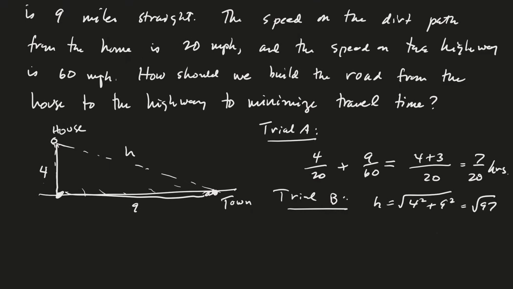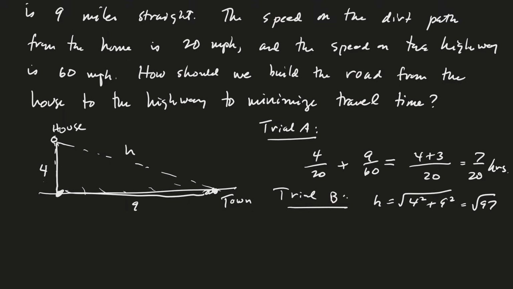That's about 9.84 miles. But we need the time traveled, so the square root of 97 divided by 20 is our total time traveled, which is approximately 0.494 hours.